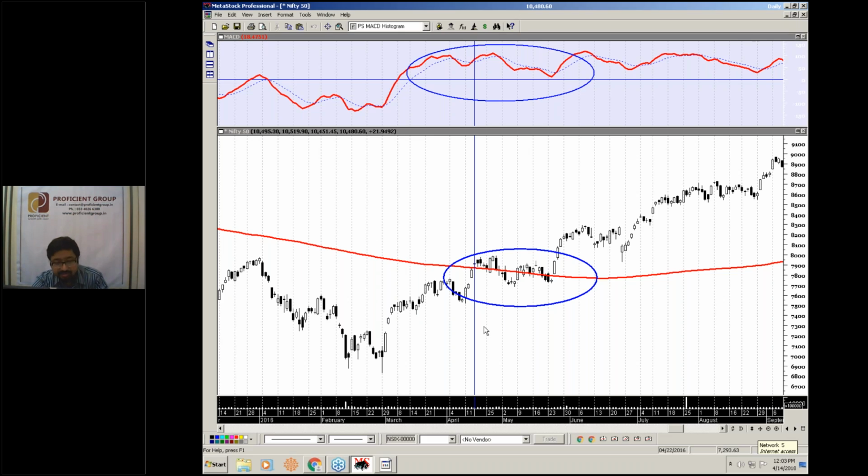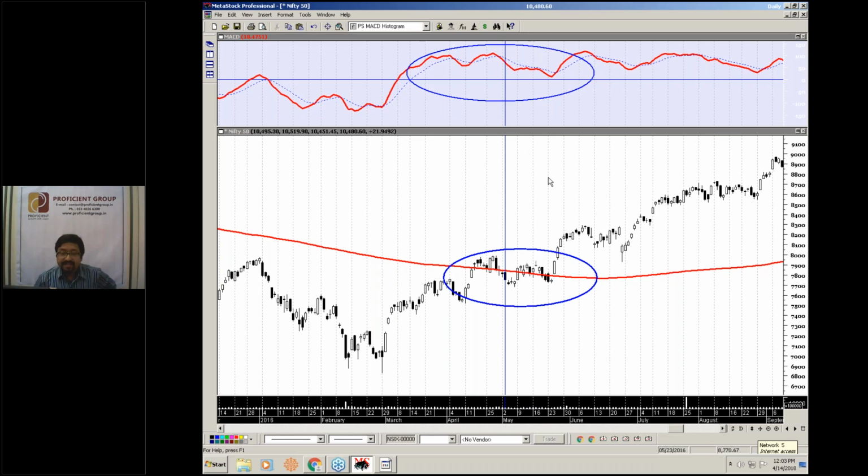The downtrend that we see to the left of this part actually ends here, and the uptrend starts at this point. Now, in the following 2 weeks or 3 weeks, prices come many times below these 200-day moving averages, but the MACD never came below the zero line, right?